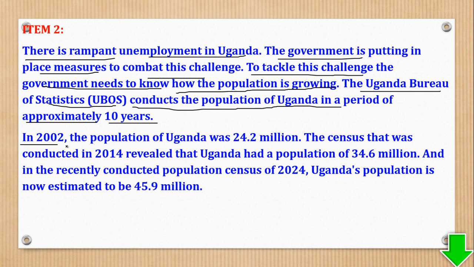In 2002, the population of Uganda was 24.2 million. Okay, the census that was conducted in 2014 revealed that Uganda had a population of 34.6 million. And in the recently conducted population census of 2024, Uganda's population is now estimated to be 45.9.